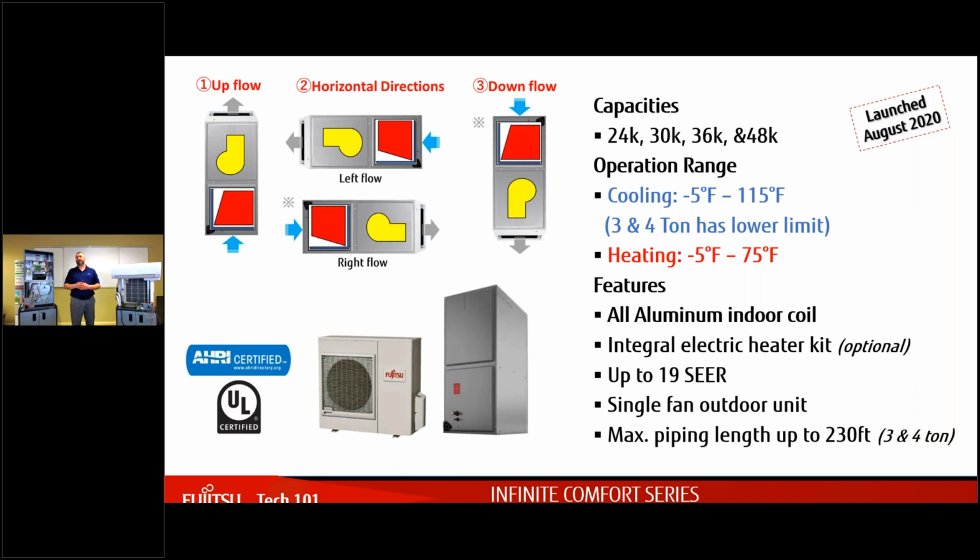And we also have the ability to do up to 230 feet of piping on the 3 and 4 ton system. So we can go a pretty long distance as far as the piping is concerned. So now we're able to introduce the mini split technology into a multi-positional air handler and start to get into that unitary equipment lineup.